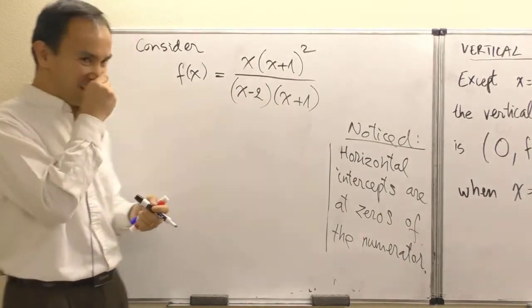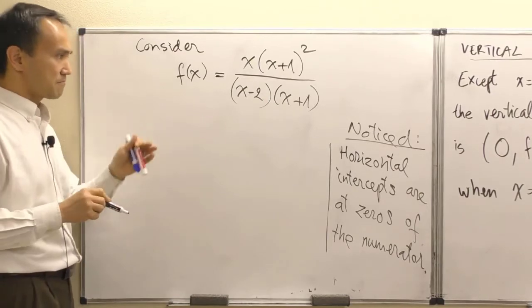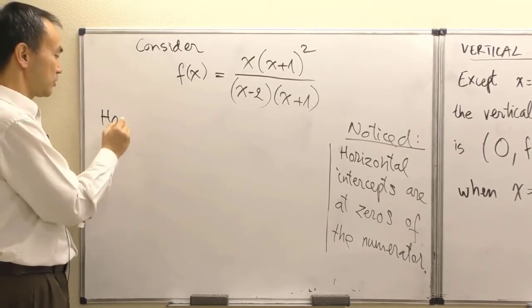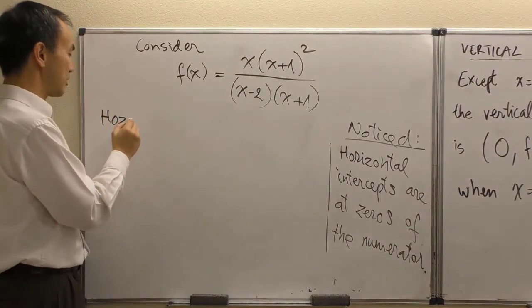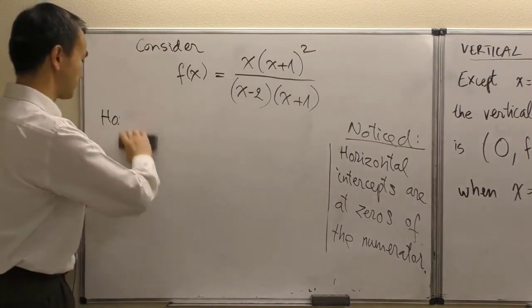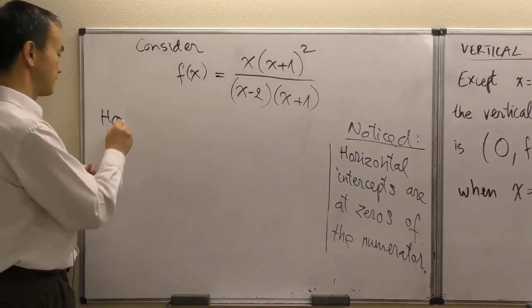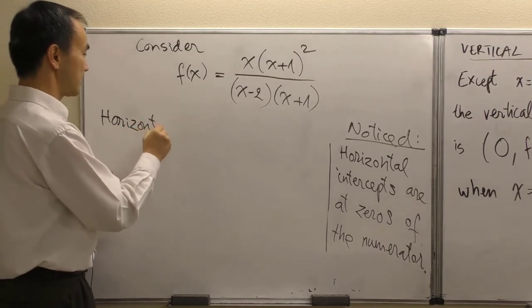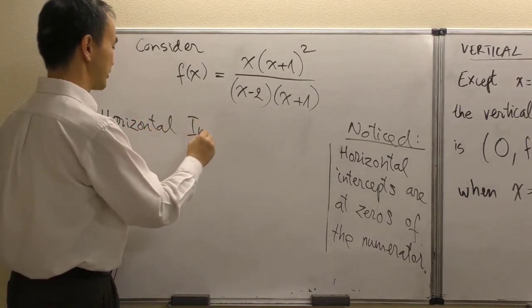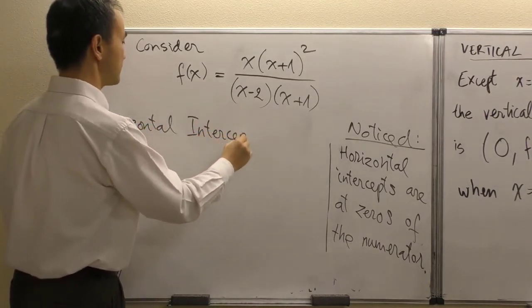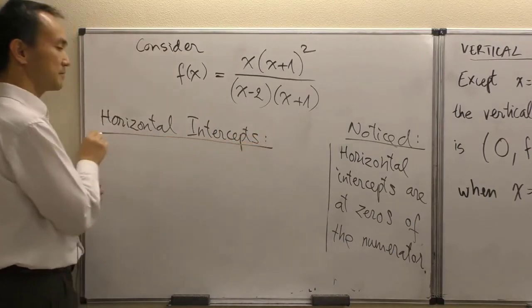So now, again, let's use decimals to recognize or estimate our horizontal intercepts.